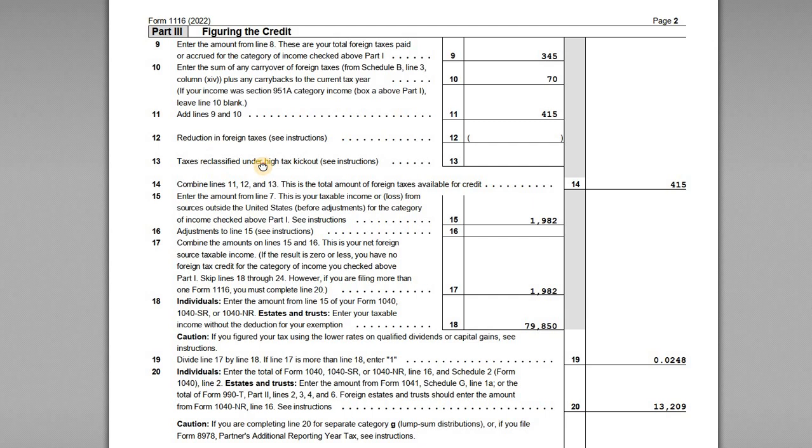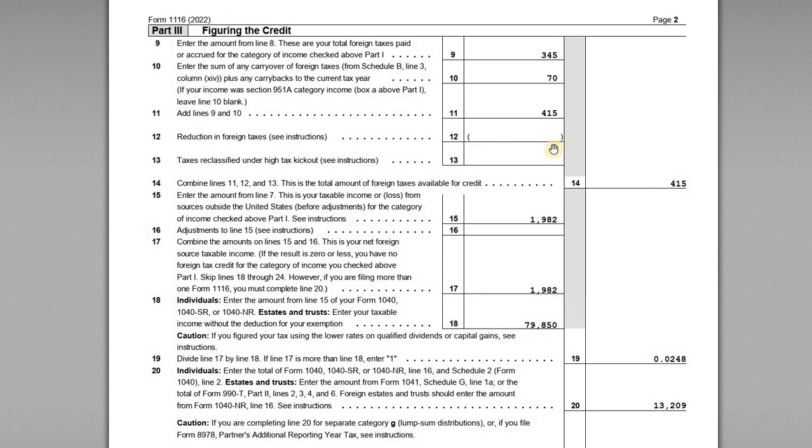Now, what about lines 12 and 13? So 12, one of the common reductions we see is things like the foreign earned income exclusion. So if you had income that was excluded on the form 2555, you might have a reduction here because you can't claim taxes on the income that's being excluded.